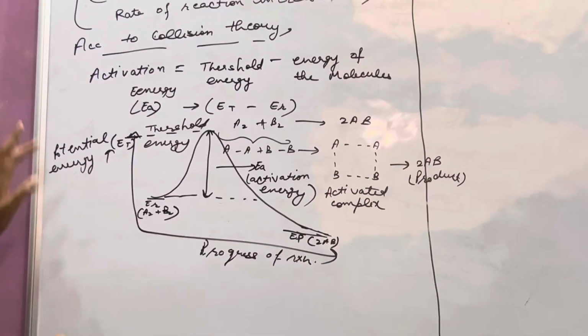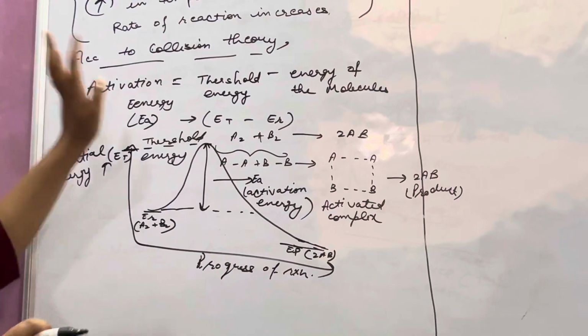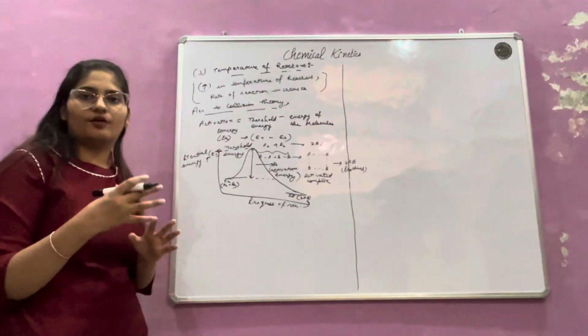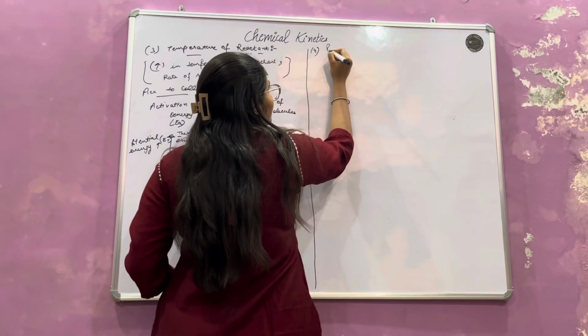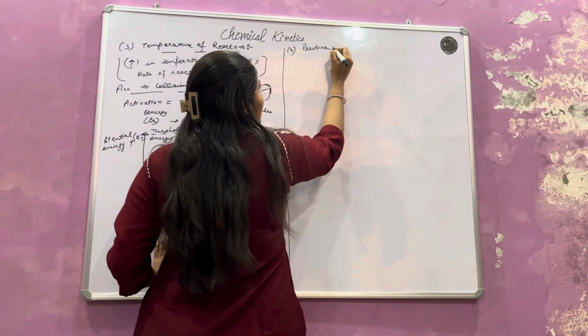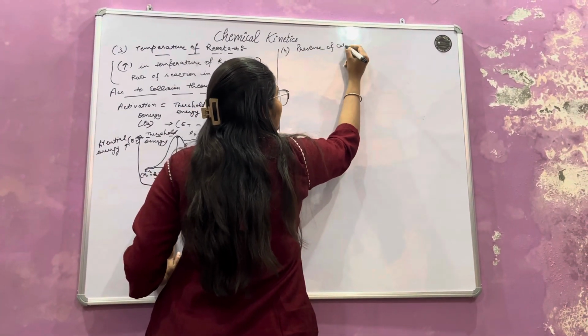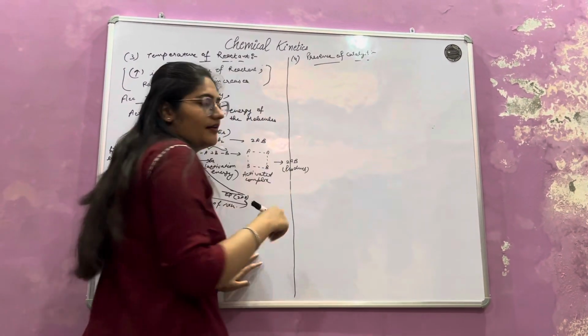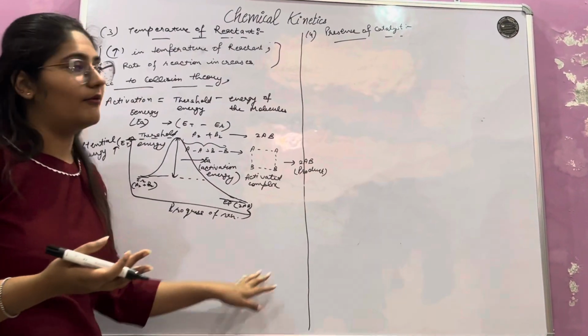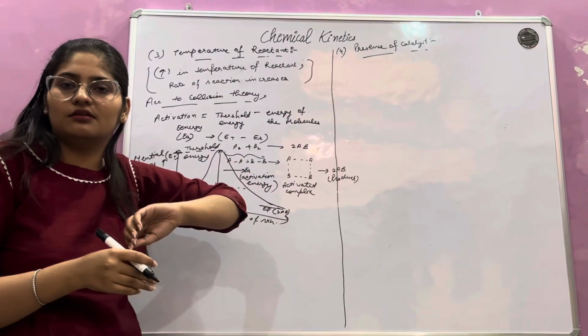After that, the next point, the fourth point, is presence of catalyst. As we all know, catalyst speeds up the rate of reaction. Why does it speed up the rate of reaction?